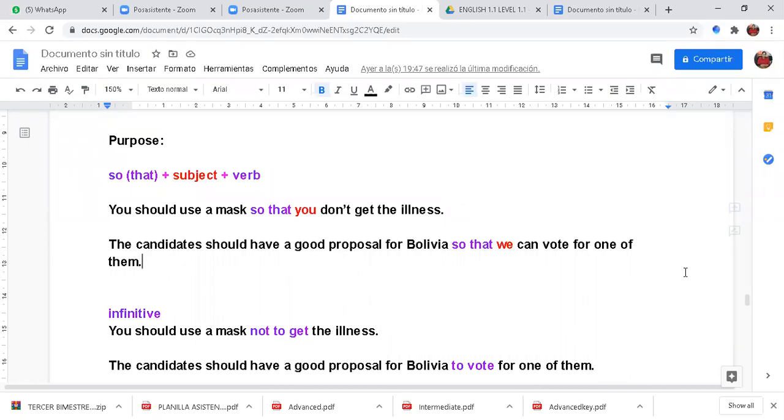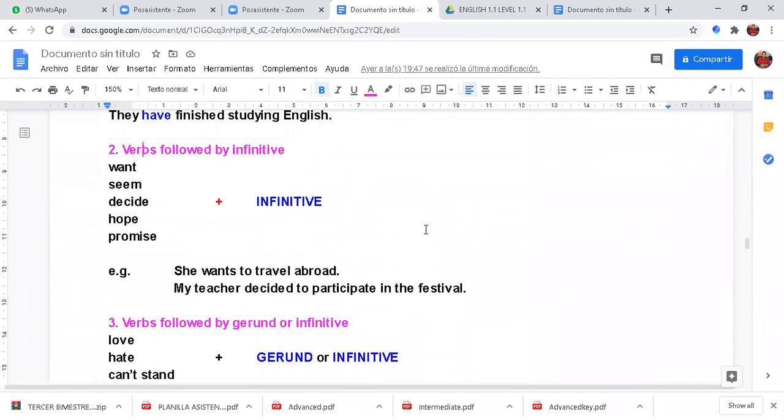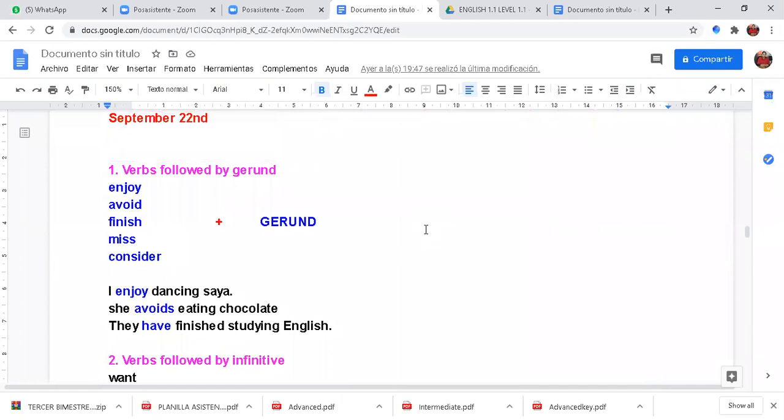Here I have, so what date is today? Maybe it is September 22nd. So, verbs followed. Okay, so we have some verbs.